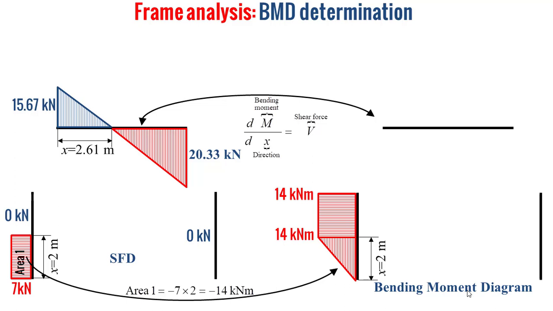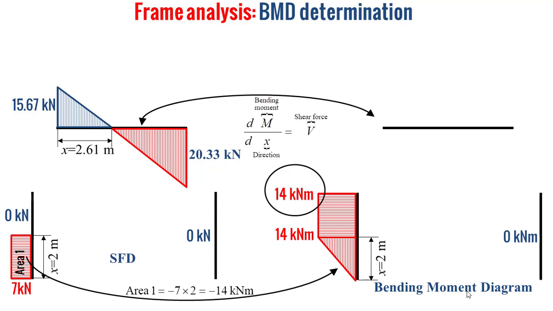For the right hand column, notice that we have 0 kilonewton, so the bending moment will be constant, or 0 kilonewton meter. Since we know that the bending moment at the bottom of the right hand column is equal to 0 kilonewton meter, since we have a roller support, we can deduce that the bending moment will be 0 kilonewton meter over the right hand column of the frame.